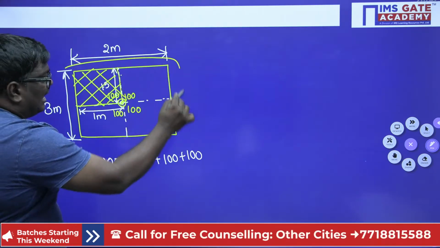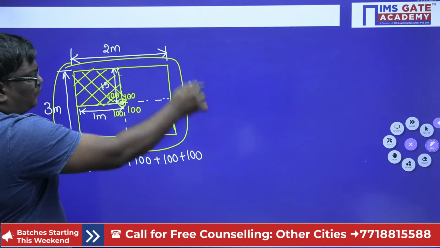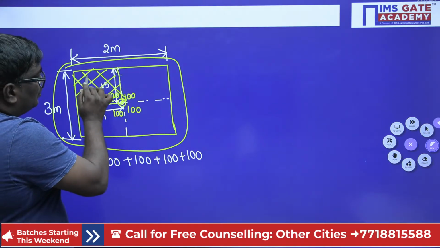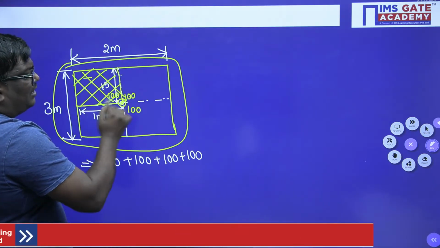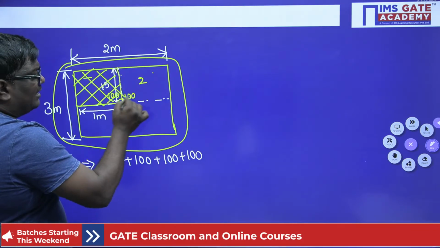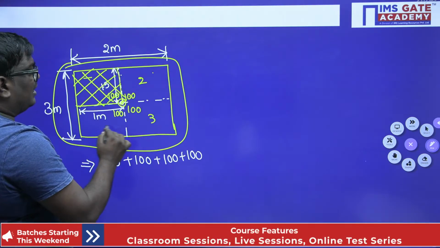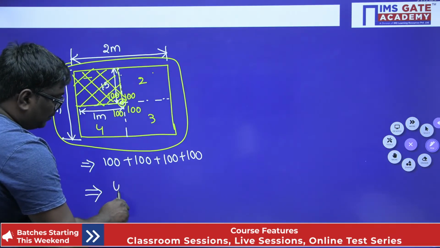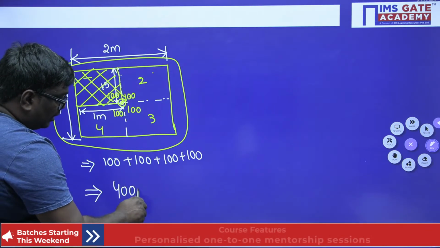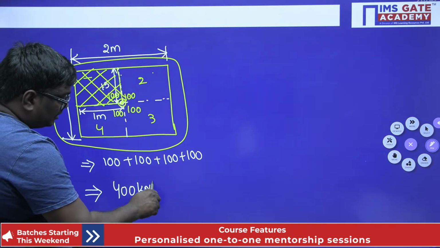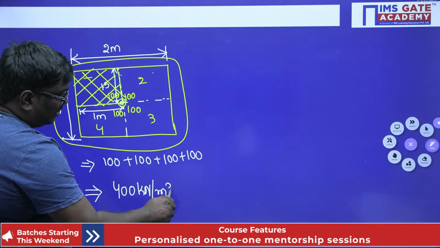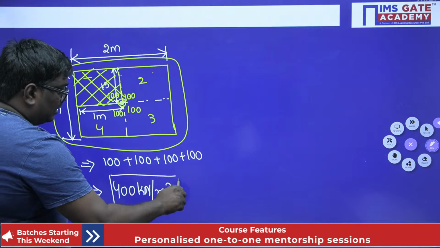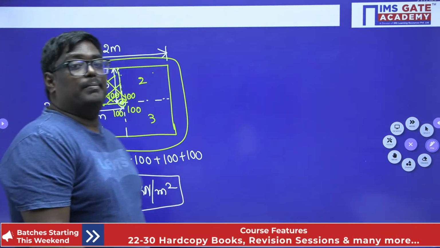Now for the entire thing, due to this rectangle at the corner it will be 100, due to the second rectangle 100, third 100, fourth 100. So the total stress will be equal to 400 kilonewton per meter square.